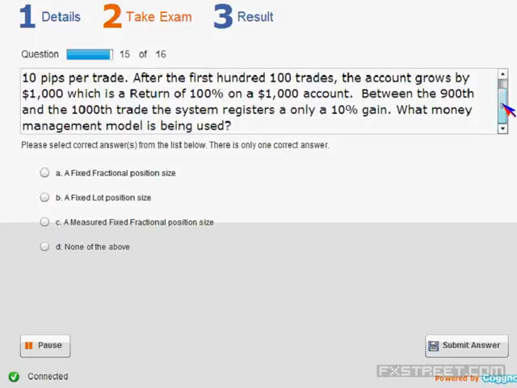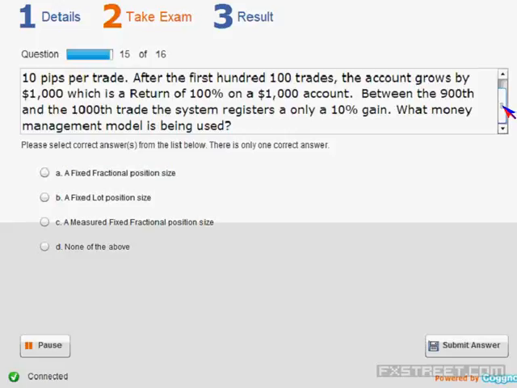What money management model is being used? We are doing the same amounts of pips, but there is a different gain with an account of $1,000 in the first 100 trades, then after 900 trades.